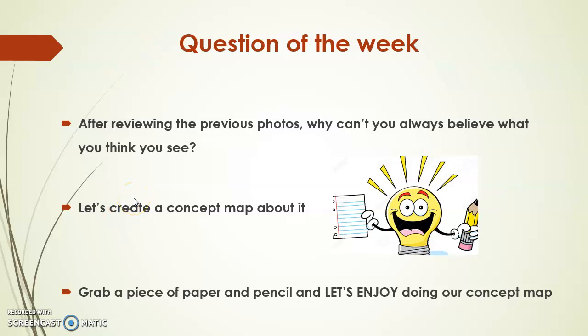Why did you see the fountain suspended in mid-air? Why did you see a water pool in the desert? Why did you see a dog and others saw a bird? Why did you see pencils split in the water? Please pause the video and do your concept map.